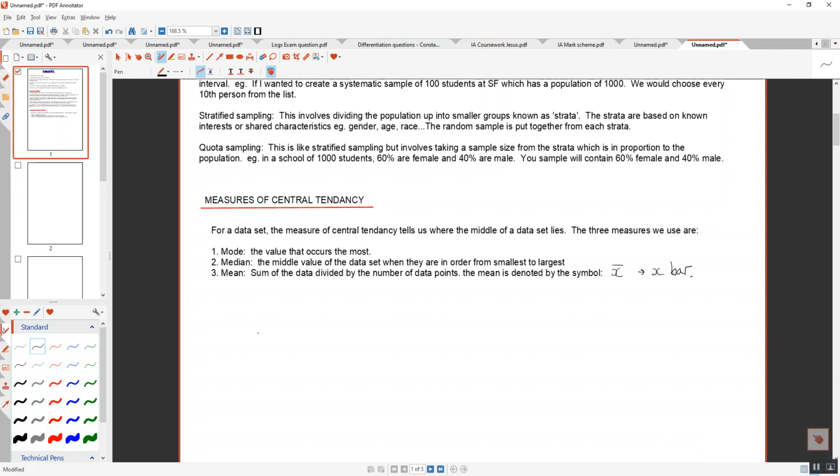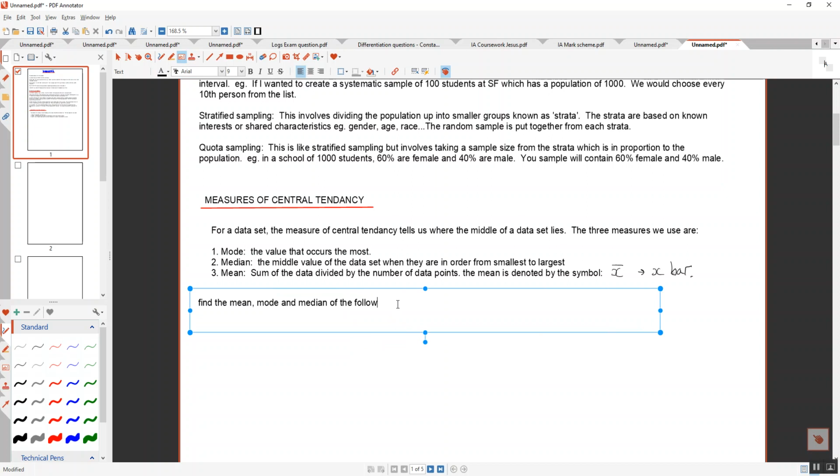Let's say find the mean, mode, and median of the following data: 3, 4, 7, 1, 13, 4, 2, 11, 9, 4, and 10.